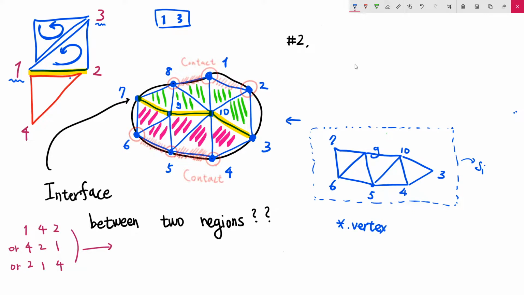So the exact position of 7, what is it? That is found in our vertex file. So Mr. Jung, are you with me up to here? If you can understand up to here, then I can proceed with my answer.